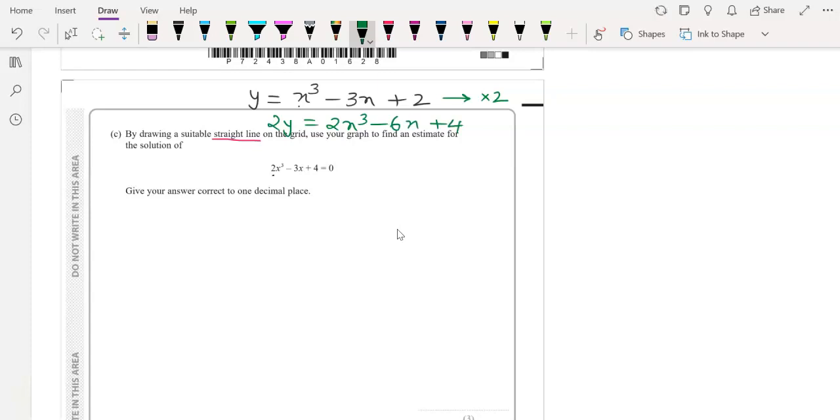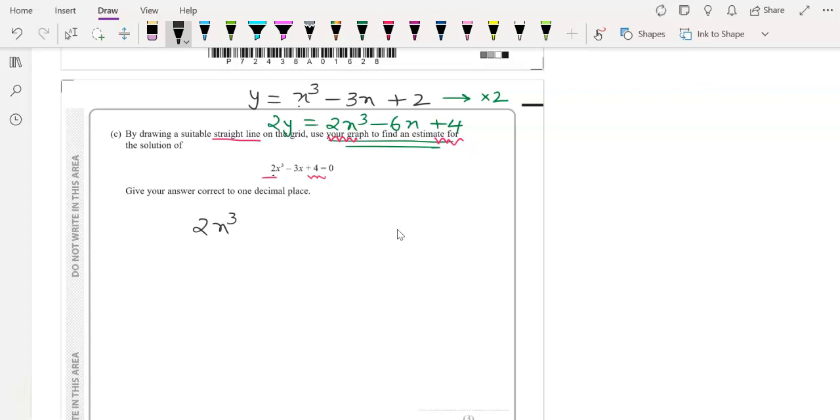Now if you compare the right hand side here with this function, you see that the first term 2x cube is same, and the last term 4 is also same. The middle term is negative 6x and we have only minus 3x. Now how do we convert minus 3x into minus 6x?